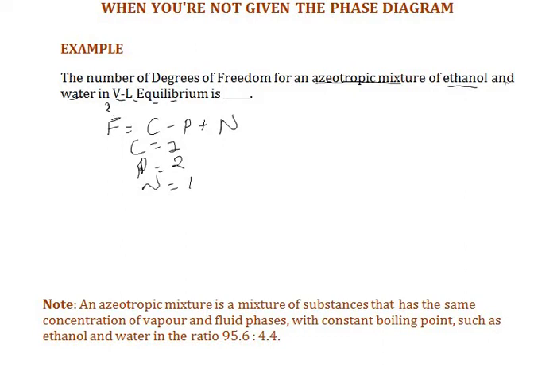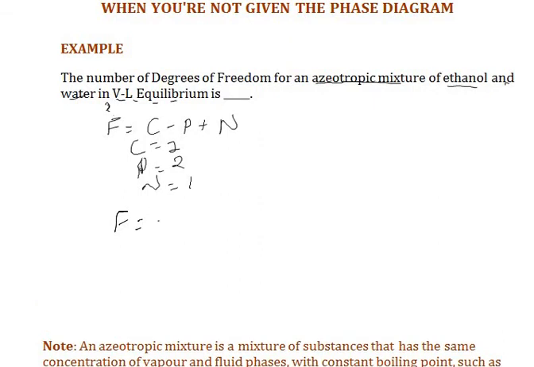Of course, in the question we're already told that it's a mixture of ethanol and water. So for us to calculate our degree of freedom, we simply substitute our values and calculate F. So our F is equal to 2 minus 2 plus 1. That's 0 plus 1, which will give you 1 as your answer.